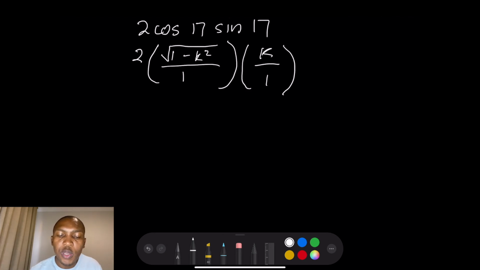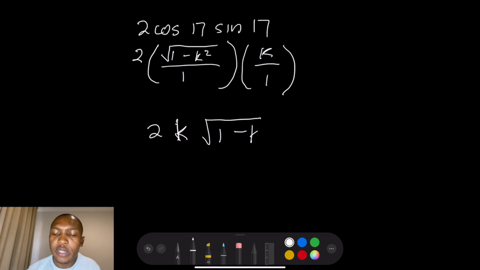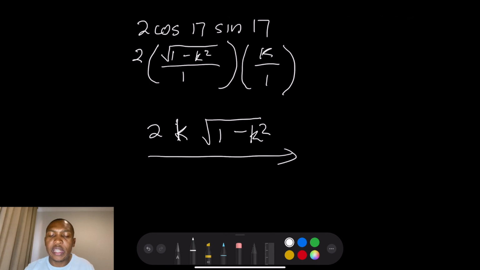And of course you can try to simplify that, so that's 2, in fact, let me just write the k there. So that's 2k multiplied by root of 1 minus k squared. And of course, all of that divided by 1. So which is exactly that at the end.